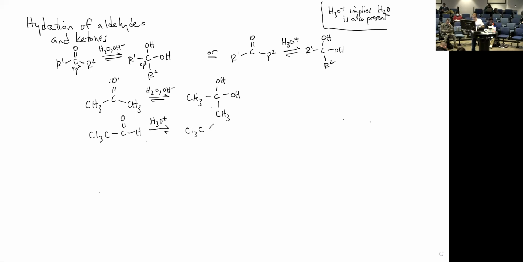I'll start writing out some of these names as well. So this is trichloroacetaldehyde. This guy is chloral hydrate. Not that I really care that you memorize the name, but it has a name.